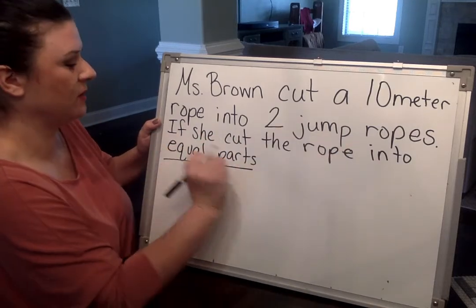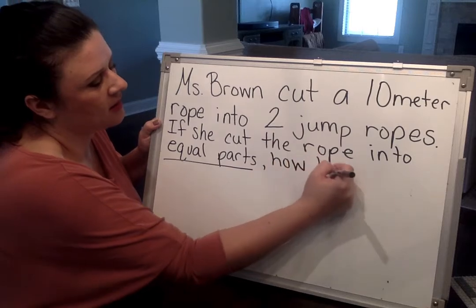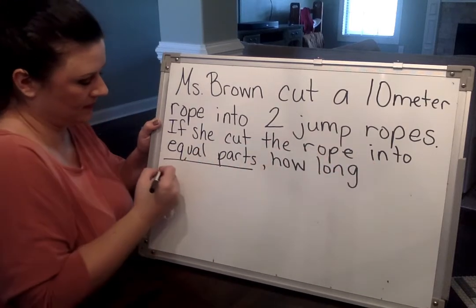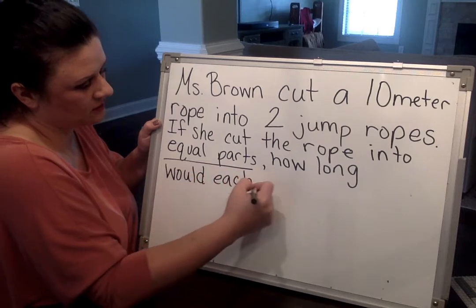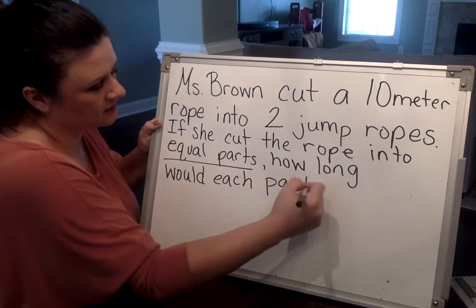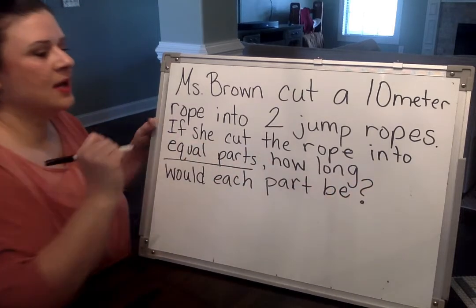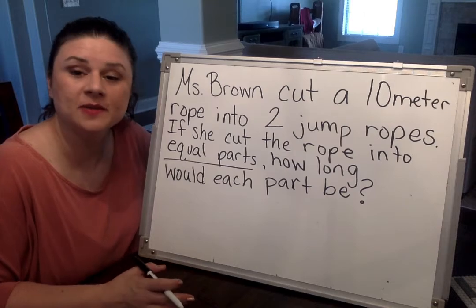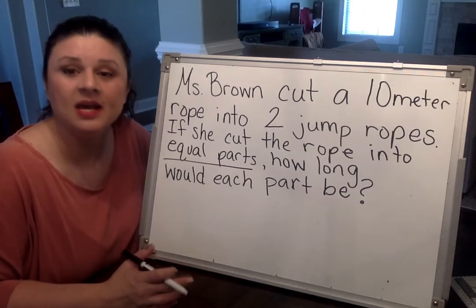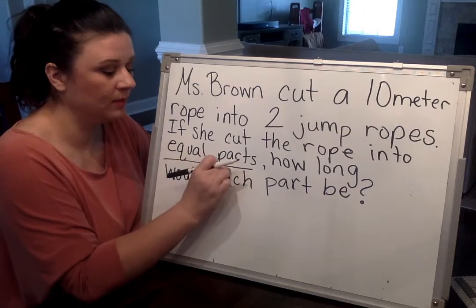If she cut the rope into equal parts, how long would each part be? Now, this is a fairly simple problem because we've used it when talking about division and multiplication. However, this time we're thinking about fractions, equal parts.